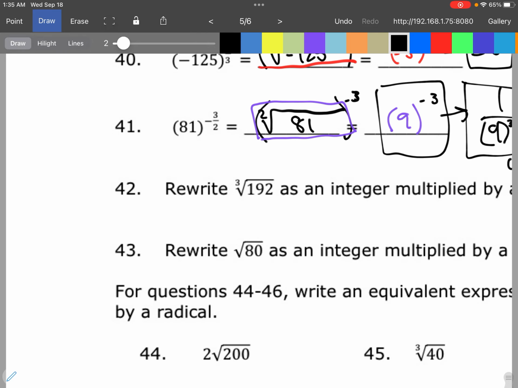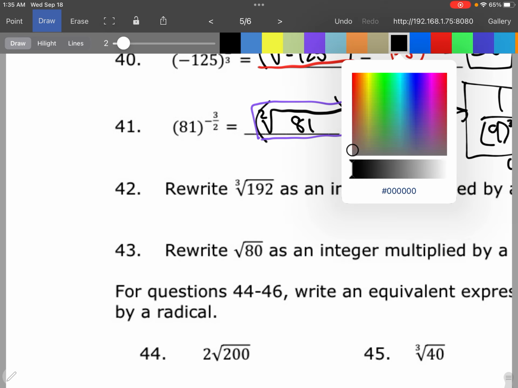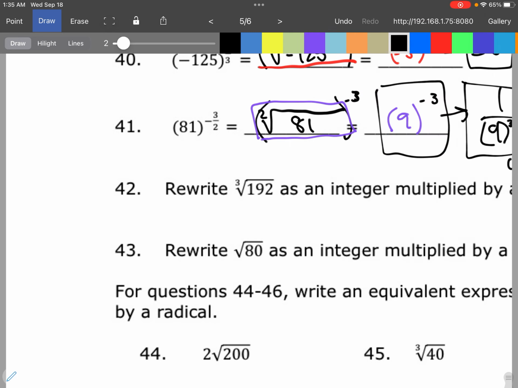Ooh, plenty of space over here. Let's go to 42 real quick. 42 got a cube root of 192. 192, if we chop it down, that's going to be 2 times 81. Chop down 81 with, I'm going to use 3 and 27. 27 gets chopped down with a 3 and a 9. 9 gets chopped down with a 3 and a 3.